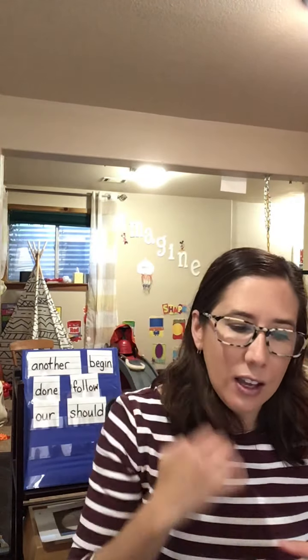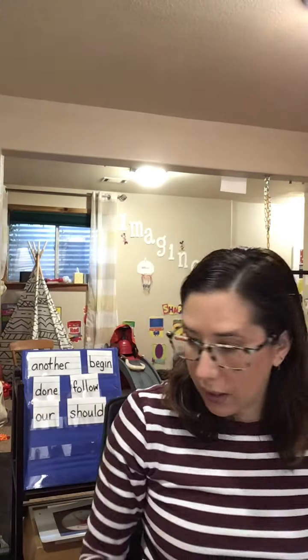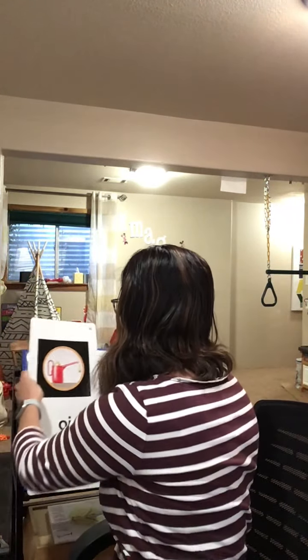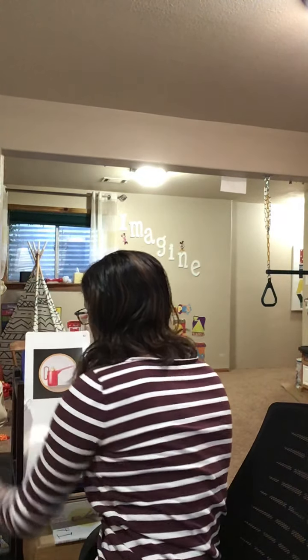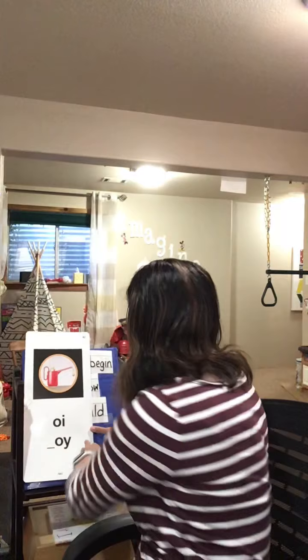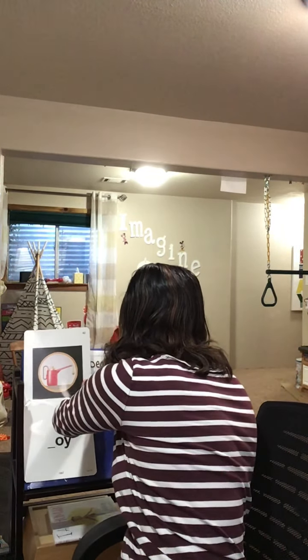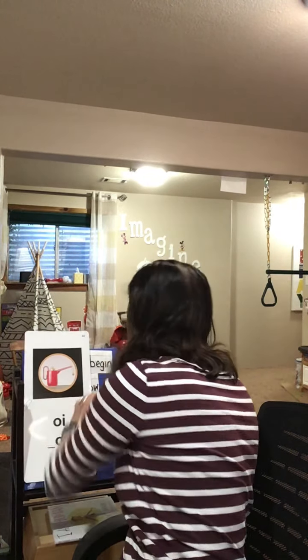Now, today, we are going to be doing a T-chart with our two oi sounds. And here are our two oi sounds. Put this right behind me so that you can see it. Our two oi sounds are spelled with O-I and O-Y. Let me see if I can get rid of that glare. O-I, there we go, and O-Y.